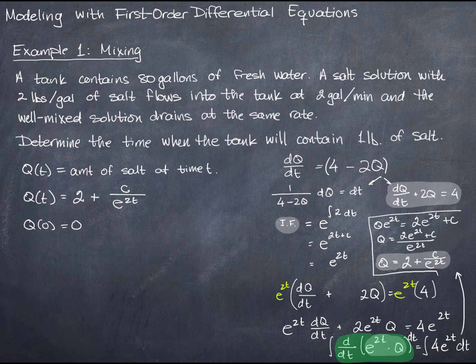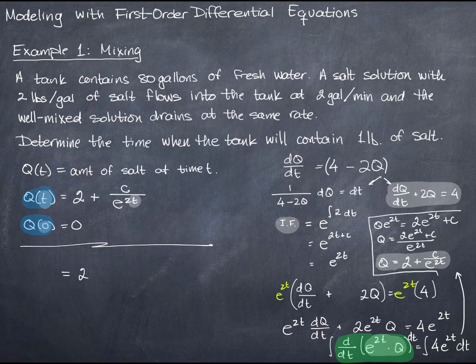So what I can do is say, when t equals 0, these are all representative of t, and I'll use blue, then Q of t, the amount of salt, is represented by Q of 0, and we can do some substituting.